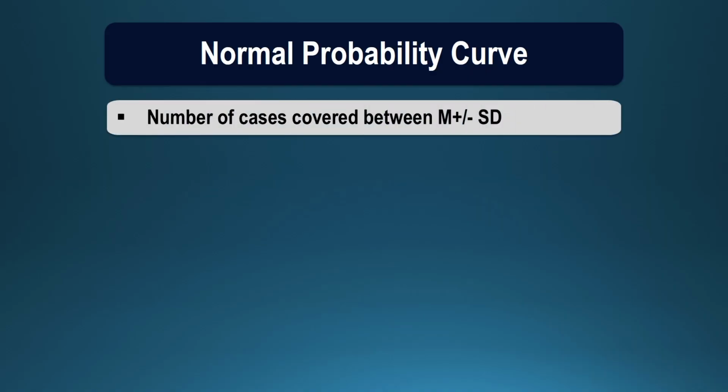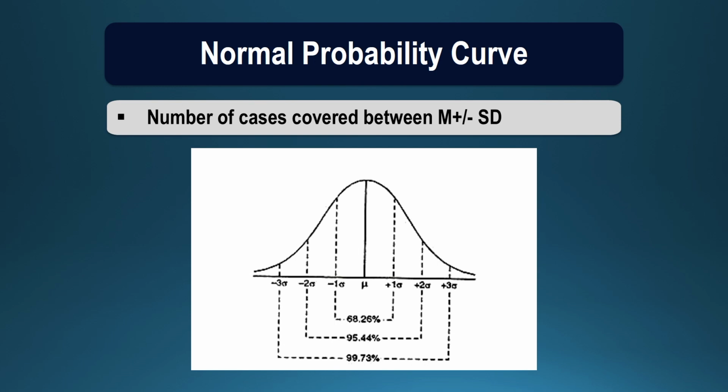Another characteristic of normal probability curve is that there are a fixed number of cases at different standard deviation units. Mean plus minus 1 sigma covers 68.26% of cases.